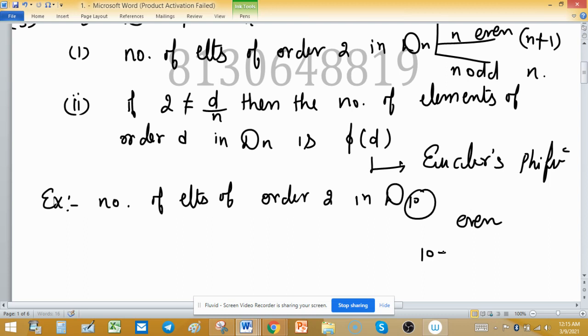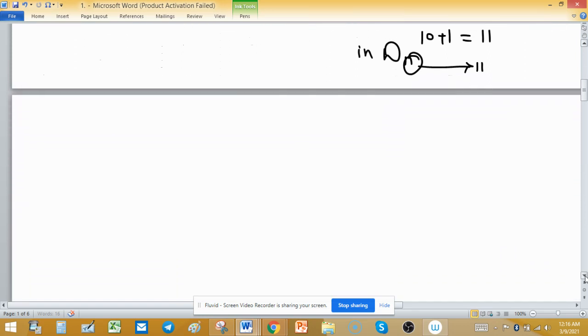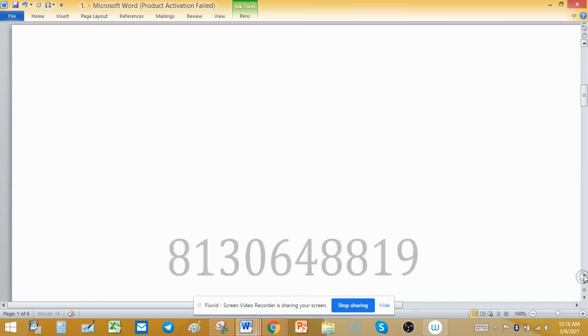So 10 plus 1 is 11. And the number of elements of order 2 in D_11 is the same as n, meaning 11. So these are two or three formulas related to D_n.